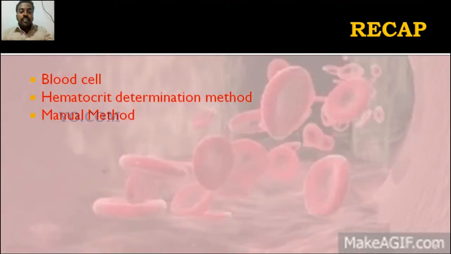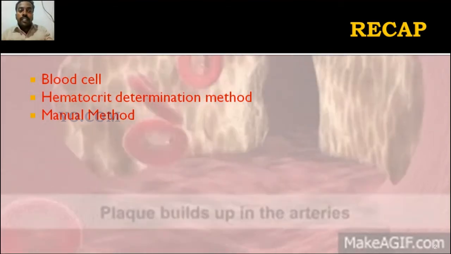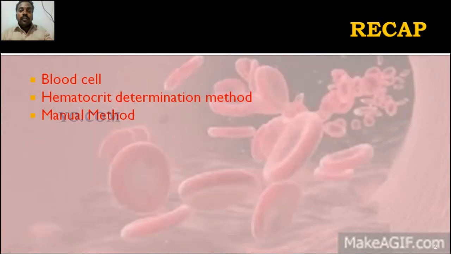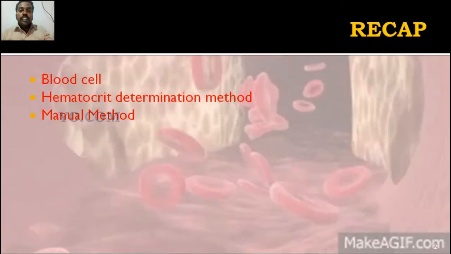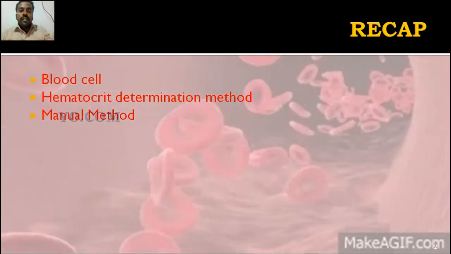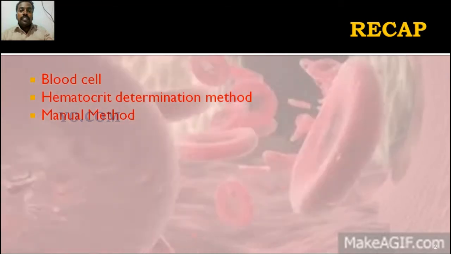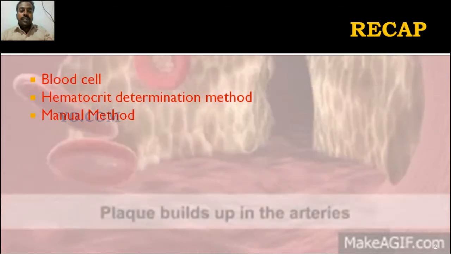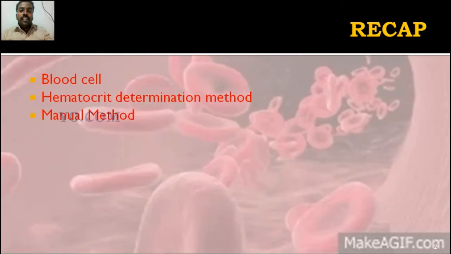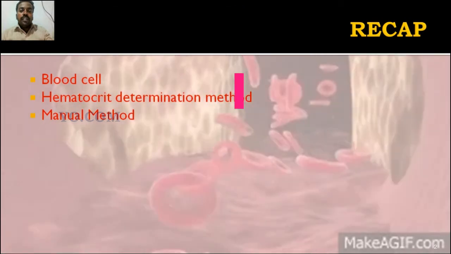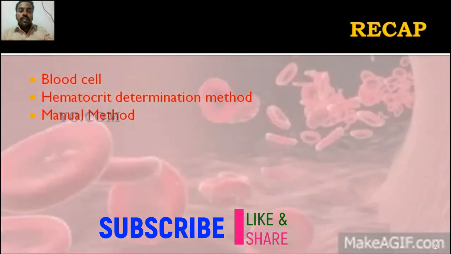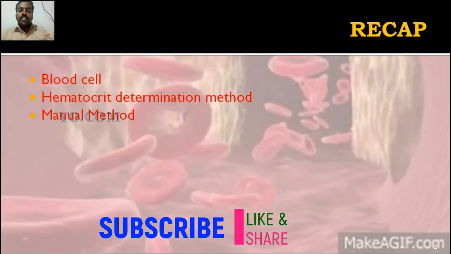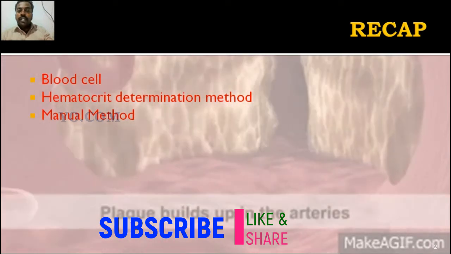So in the last class we studied the basics of blood cells, that is what is white blood cell, what is red blood cell, what are platelets, what is hemoglobin, etc. Then we studied the two different measurements of blood cells, that is hematocrit determination and the manual method.